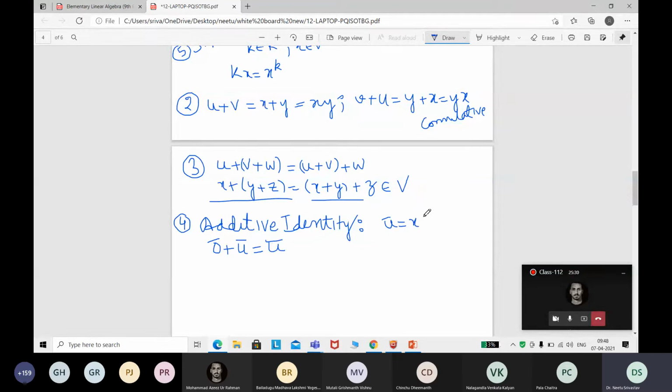Just take that u belongs to v. Then we can just add 0 here. We can have x plus 0, 0 plus x is equal to x, which belongs to v.